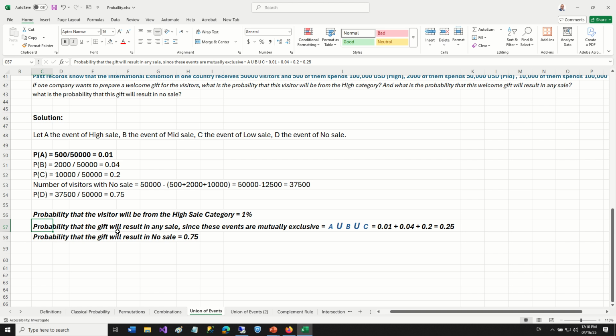So it is 1% plus 4% plus 20% equals 25%. And the probability that the visit will result in no sale is 75%, based on the number of visitors who did not make any purchase.